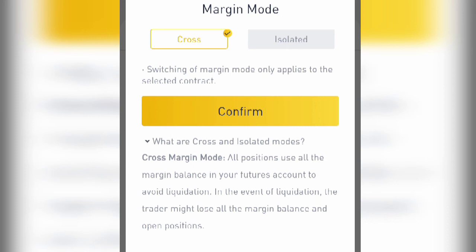You can add and remove margin within the isolated margin mode. Let's say you predicted the coin will go down, but it's started going up and it's getting close to the liquidation point. You can add margin to increase your position and move your liquidation point, so that you don't get liquidated while you wait to see if it will correct and go the way you predicted.